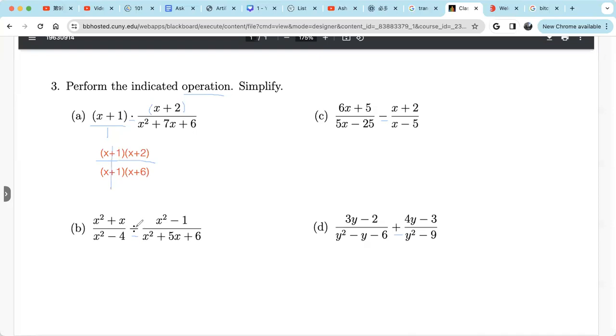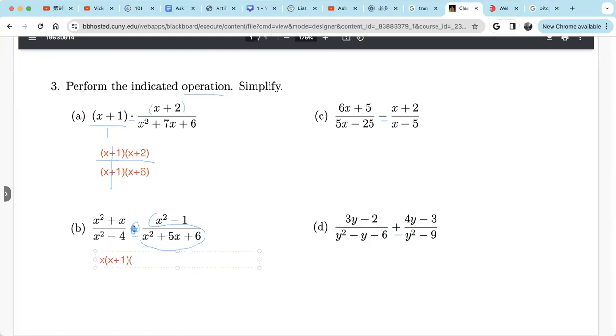Let's see B. B is a division. So we want to change this division into multiplication. Then we flip the numerator with the denominator. Now x squared plus 5x plus 6 becomes a numerator, and x squared minus 1 becomes a denominator. x squared plus x can be factored. So let's factor the numerator first. x squared plus x factors to be x times x plus 1.